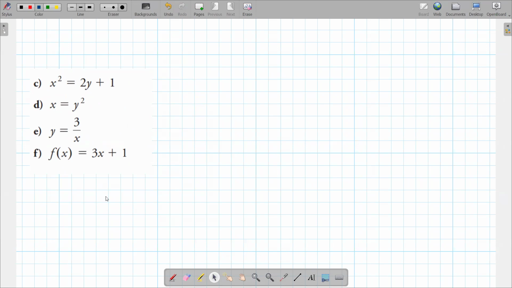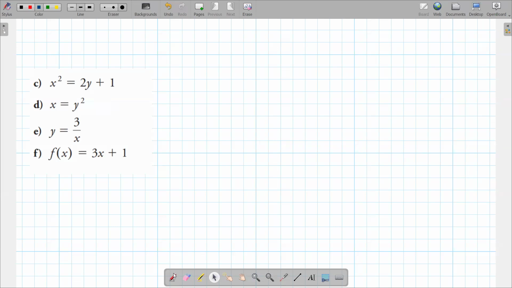What kind of a function is it? It's a polynomial. Is it quadratic, cubic? Quadratic. Yes, it's for sure a function.